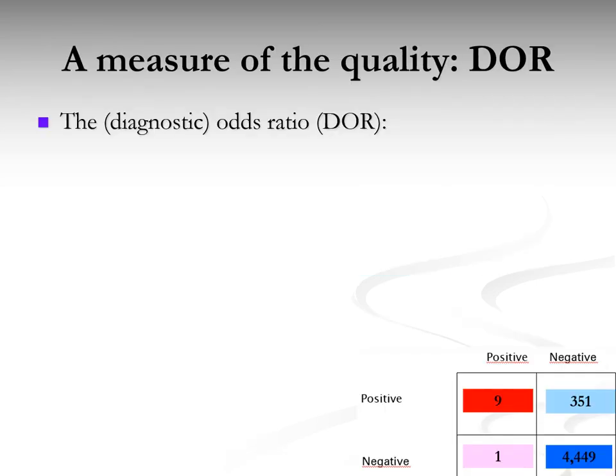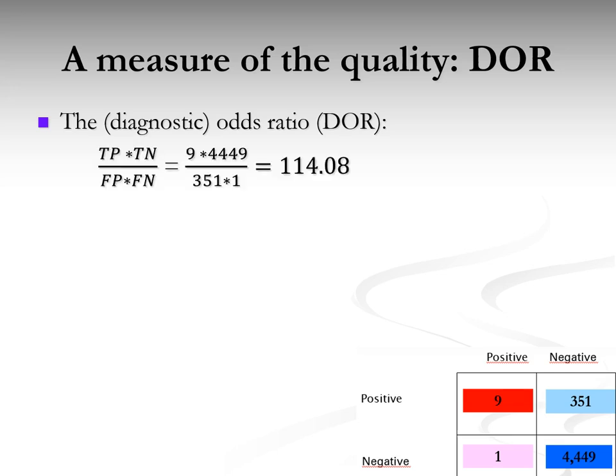A measure that we can use to express the quality of the screening instrument is the odds ratio. Here we can talk about the diagnostic odds ratio. We have already seen the odds ratio as a measure of association between two dichotomous variables, so we can use this measure here as well.